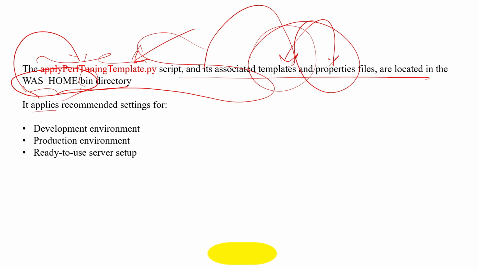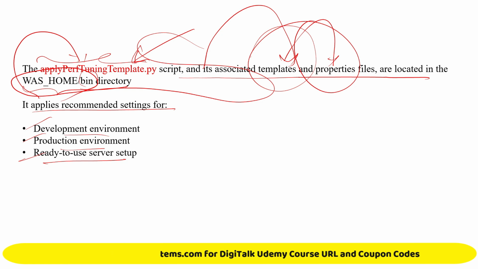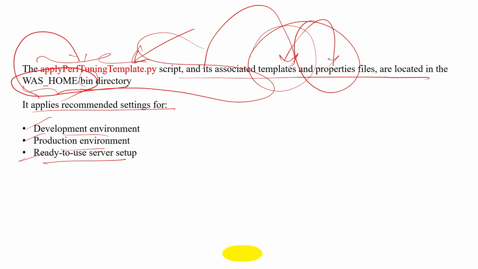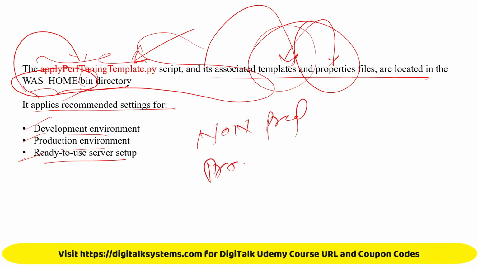It applies recommended settings for your development, production, and ready-to-use server setup. As I said, each environment will have a different set of values because we have a different load and different users in the different environments. When we talk about environments, we refer to non-production environment and production environment.